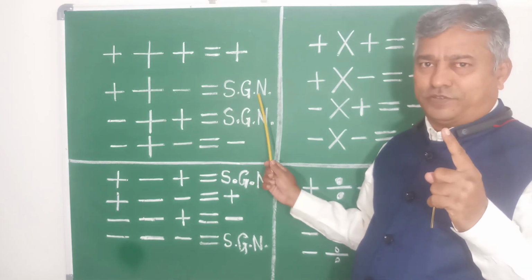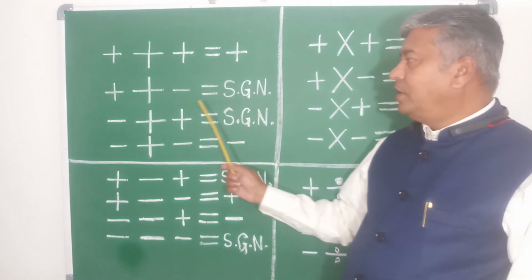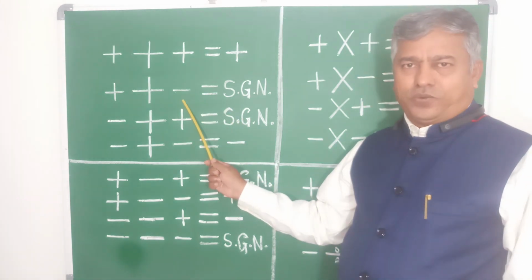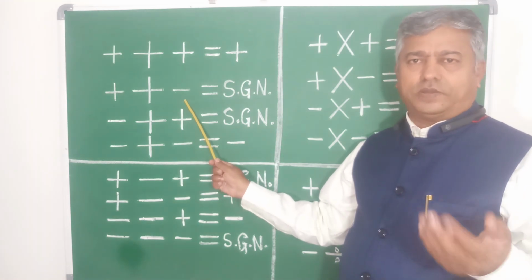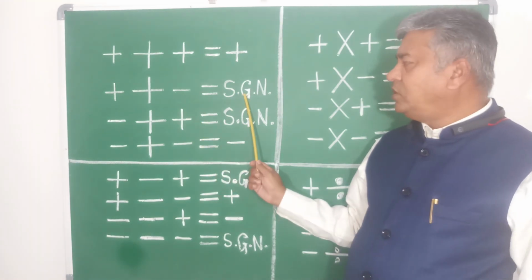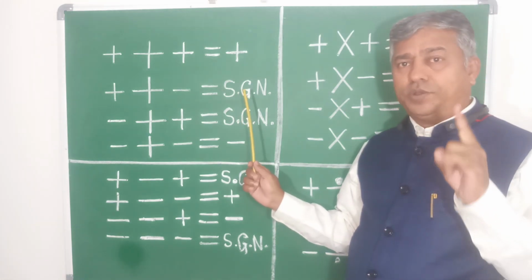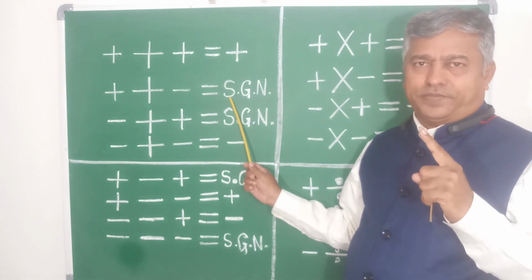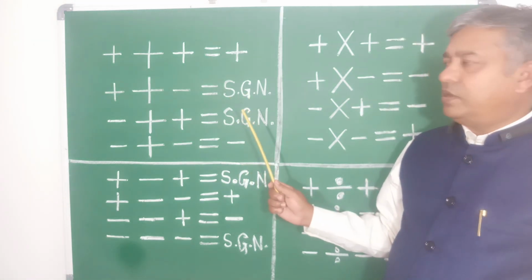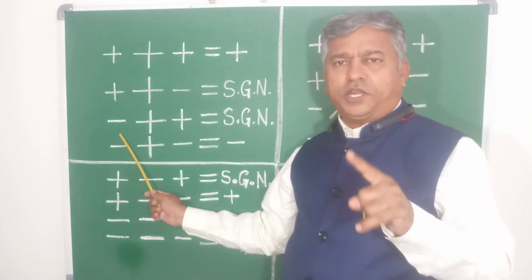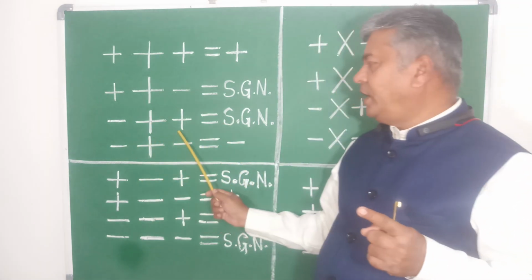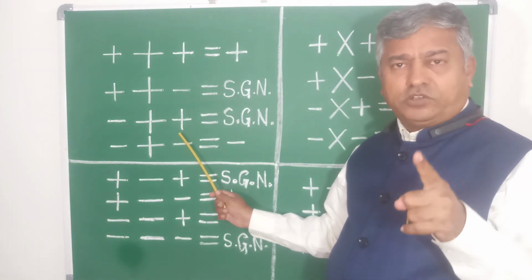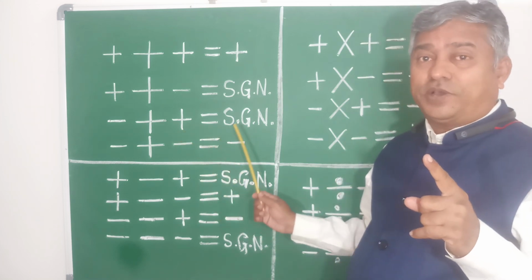It means minus. Remember that if the greater number is negative, means minus, then in the answer we must write down the negative sign. Okay, in the same way, if the first number is negative and the second number is positive, then also we must write the sign of greater number.